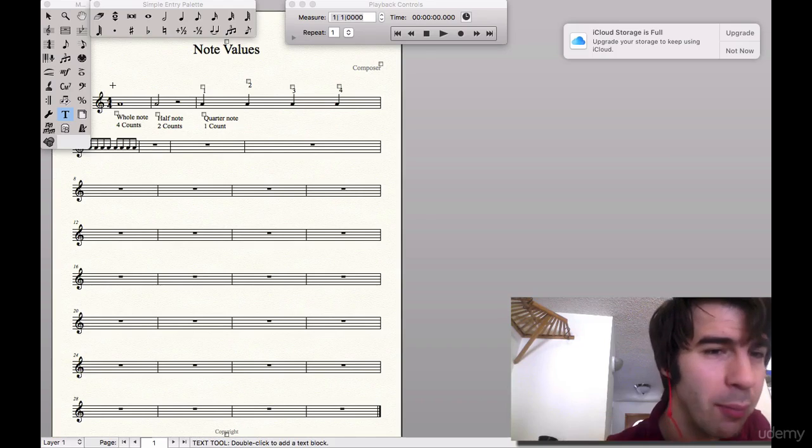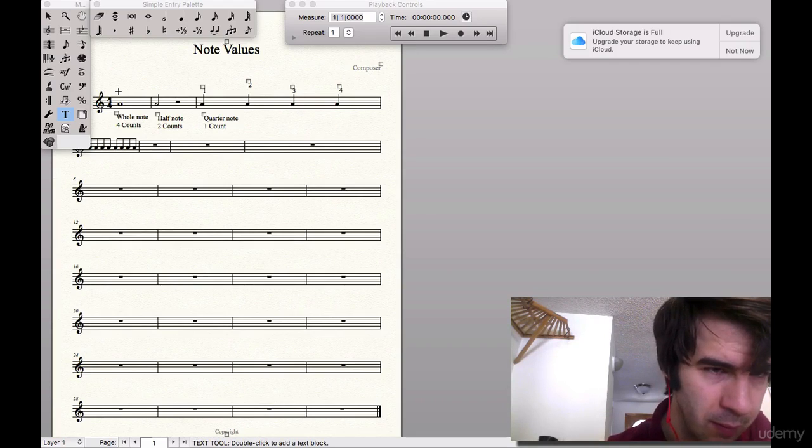So to recap, the whole note is 4 counts, which means it's a whole. Think of a fraction. The quarter note is 1/4 of the measure. So that would mean each of these is 1/4 of the whole note.